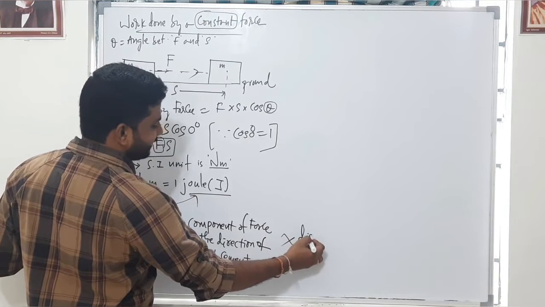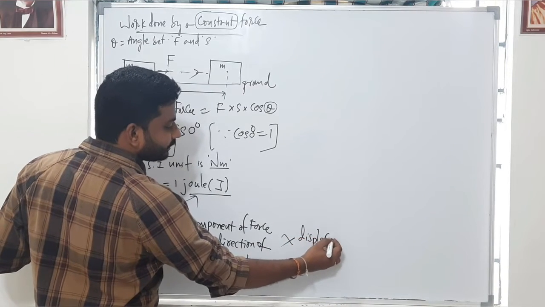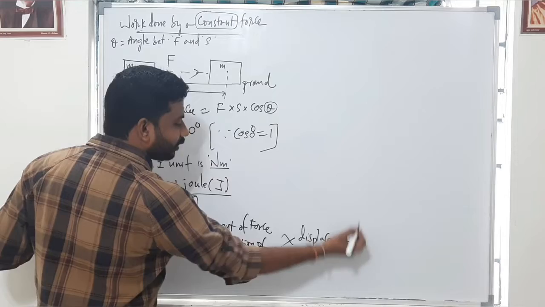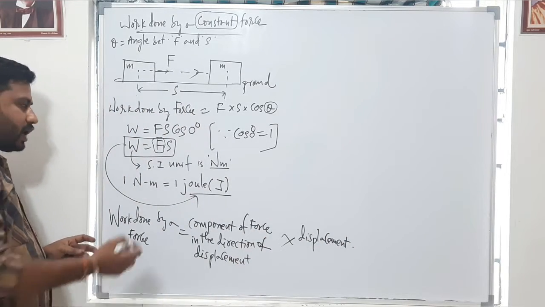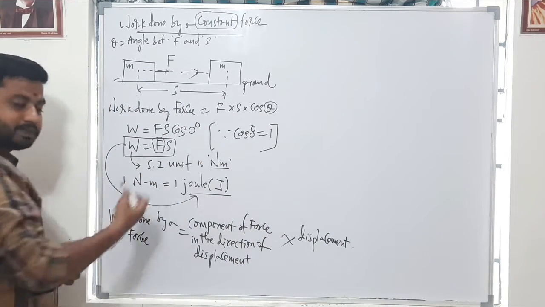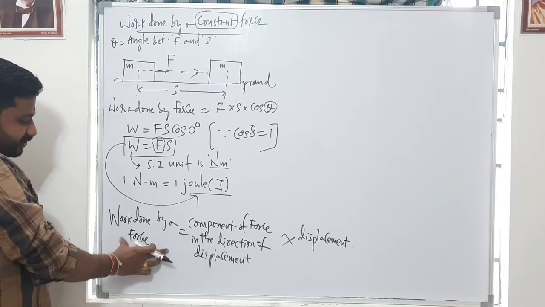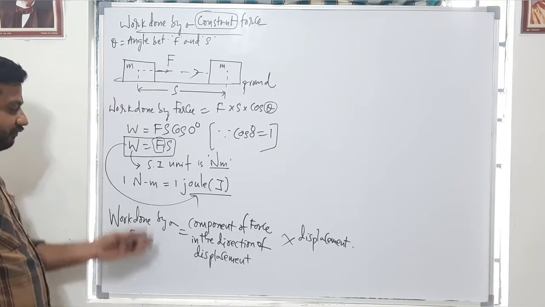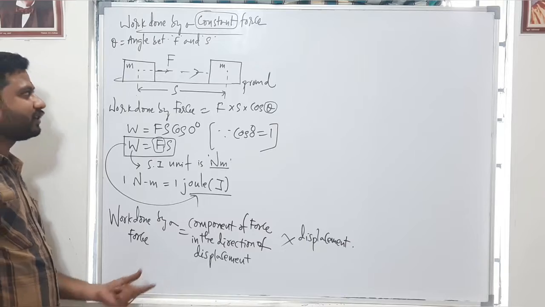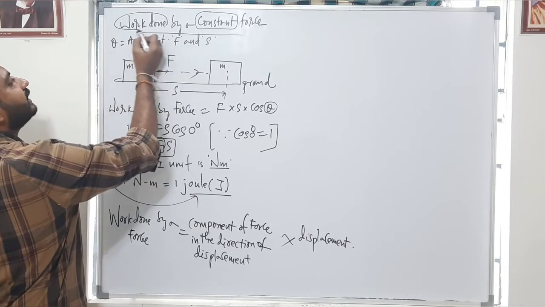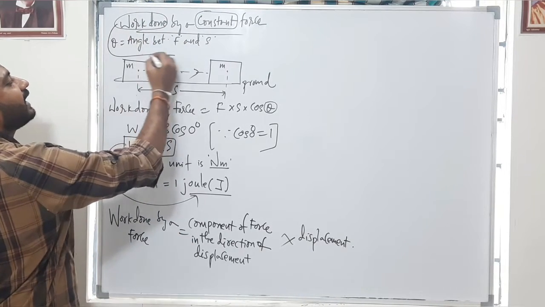This S is displacement. Is it clear, everyone? So that's the concept of force into displacement, right? This is the actual definition of the work done by a force. So units we have finished, and the actual definition is also finished, and this work done is a scalar quantity.